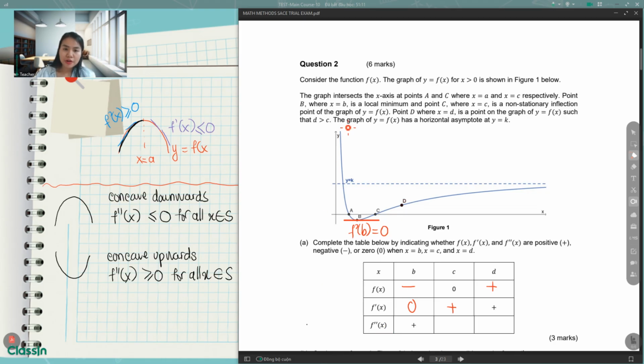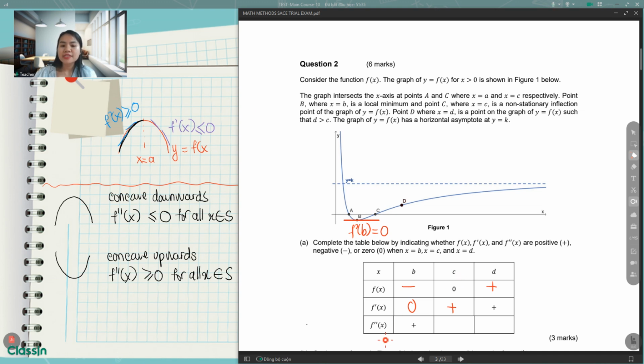So we take a look at the y equals f(x) graph. x equals c is a non-stationary inflection. So for f''(B), B belongs to the concave upwards interval. So f''(B) would be positive. C is an inflection point.